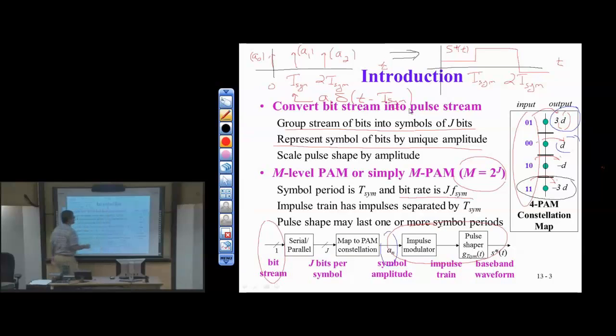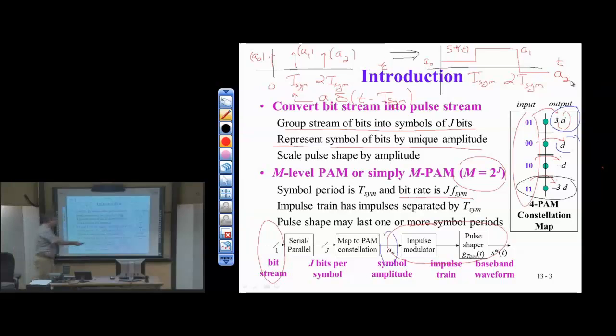When I convolve it with the pulse shape, I get the pulse shape shifted by capital T sim and scaled by A1. So if I had to fill in these entries, this is A0, this is A1, and this is A2 in amplitude. I've gone with D for A0, 3D for A1, and minus D for A2, just for illustration purposes.